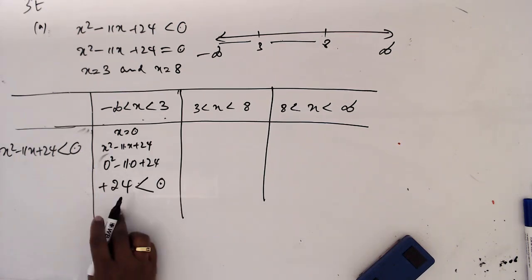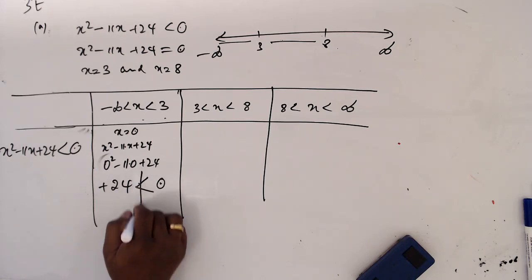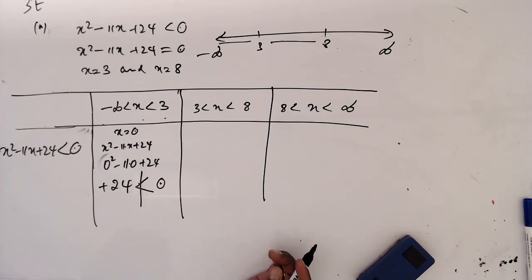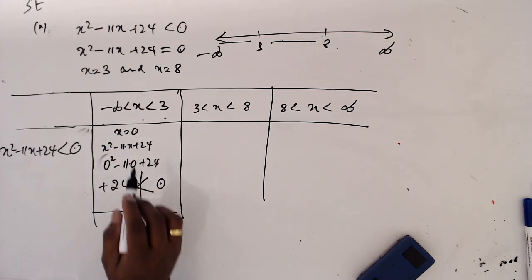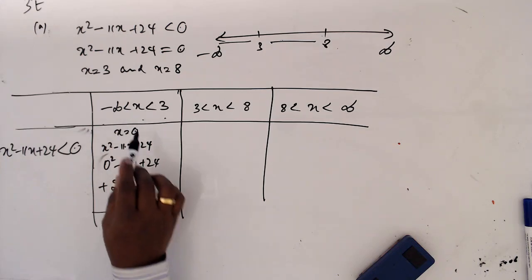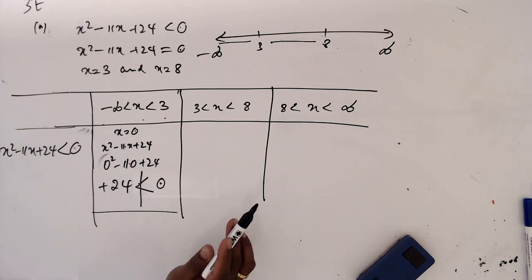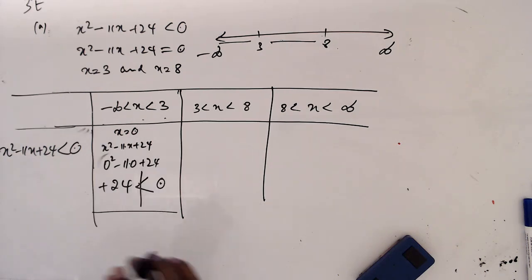Is that right? This is not right. 24 is greater than 0. So what is the conclusion? This interval does not satisfy the inequality, so this is not the answer.